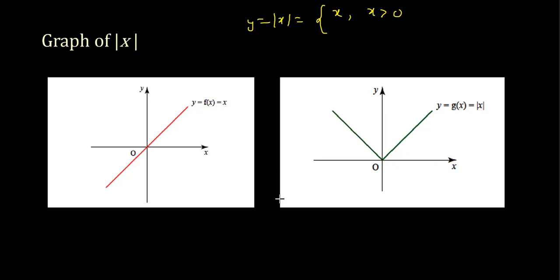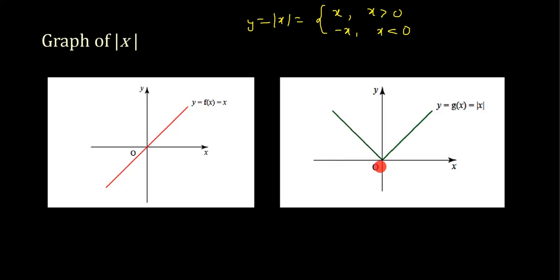But the moment x becomes negative, less than 0, the graph changes from plus x to minus x, as is evident from this graph. This graph is y equal to minus x for all the x which are negative.